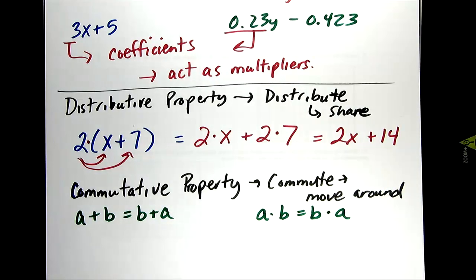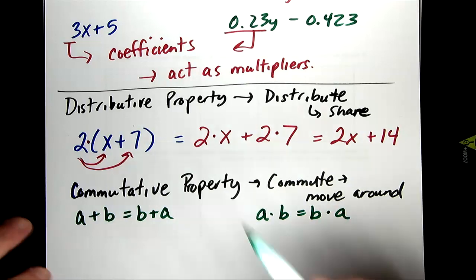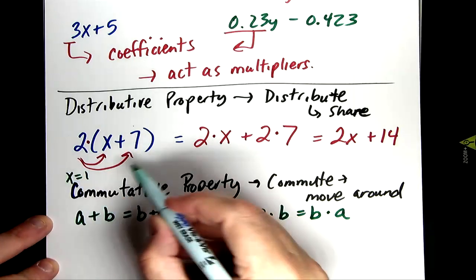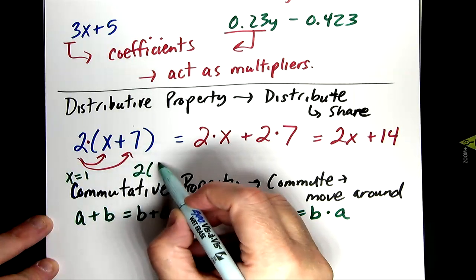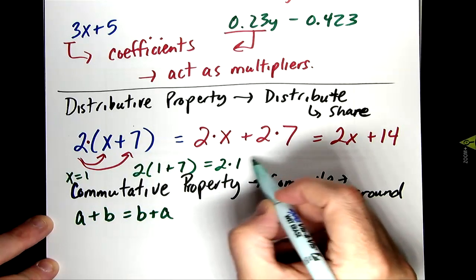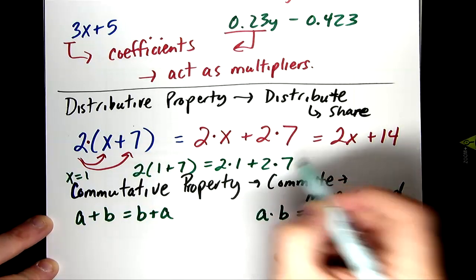Maybe I should give some examples of all these. That seems like a pretty good idea. Let's go back up and do an example on the one above it. Let's say x equals 1. So I would have 2 times 1 plus 7 on the left, and on the right, I've got 2 times 1 plus 2 times 7.